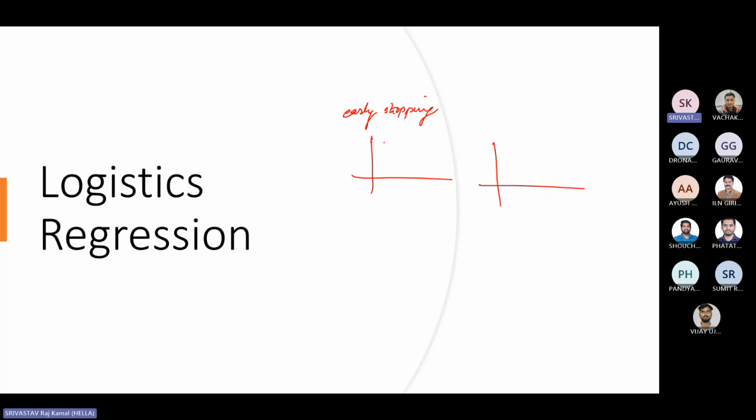It may happen that the train loss starts going plateau, but there is still scope of it going down. If we reach somewhere here, and the values are plateaued, but I still see a drop in the loss function, I will not stop here. I will let it go. One point will come when there would be some plateau and then it starts going up.